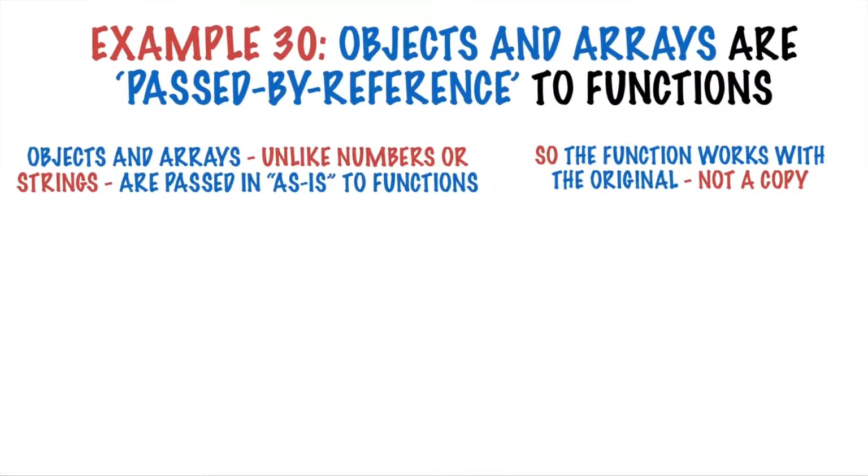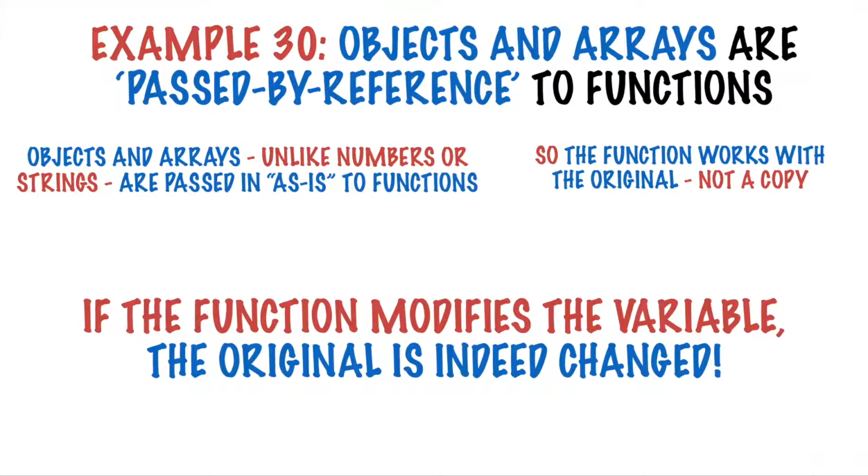This means that if the function modifies the variable, the original is indeed changed. So if you have an object and a property of that object is modified within a function, the original object property outside the function in the calling code will indeed be changed. The same holds true for arrays.